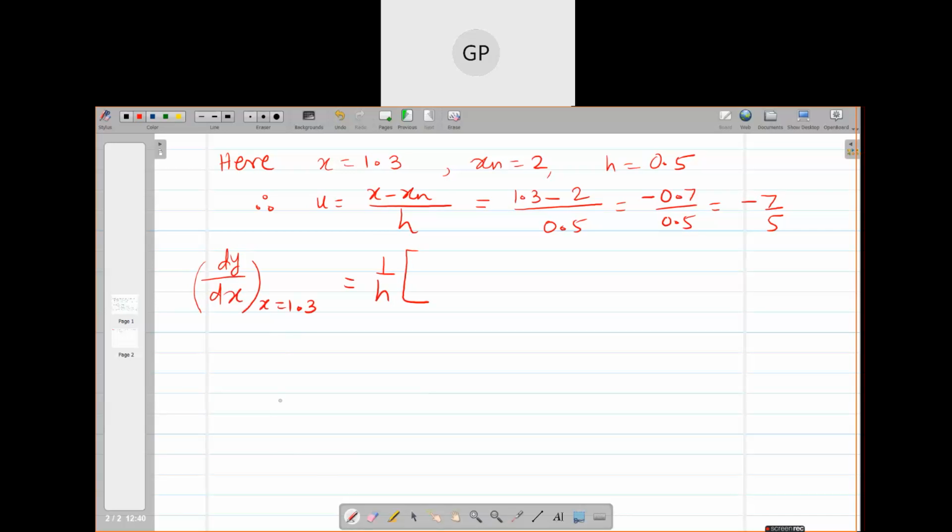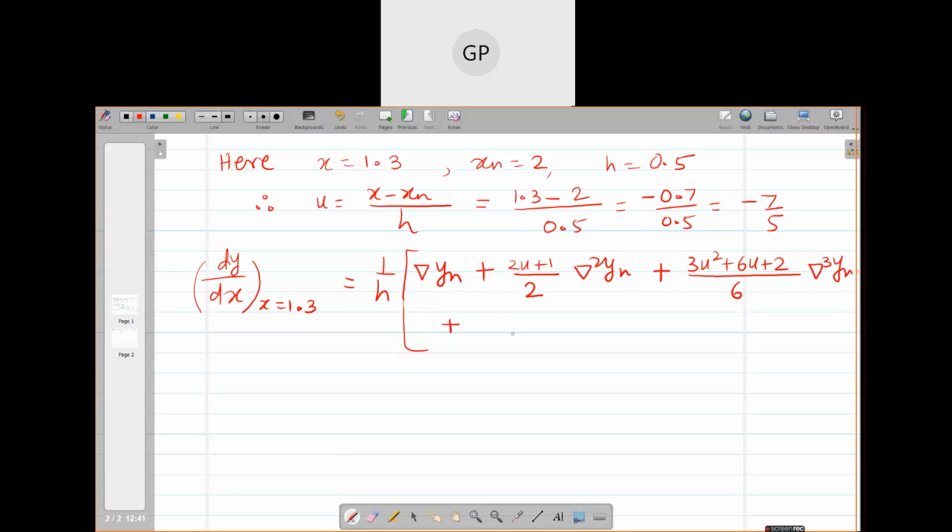The formula is 1 upon h into del yn, now remember we have to use backward, plus 2u plus 1 upon 2 del square yn plus 3u square plus 6u plus 2 upon 3 factorial, which is 6, into del cube yn plus, this formula will go up to 4th order, okay?